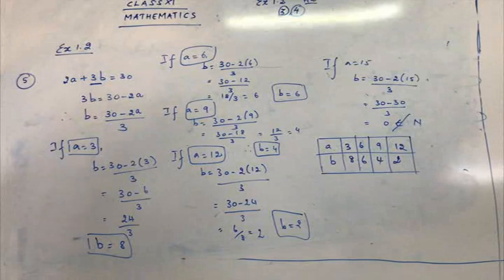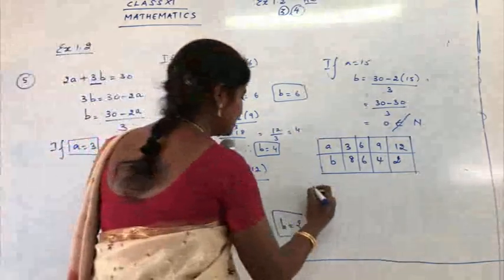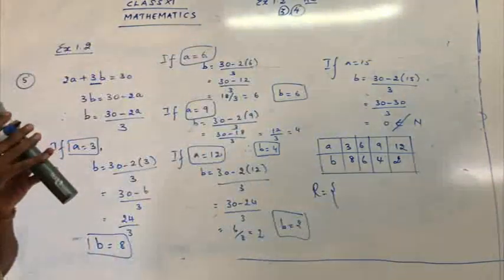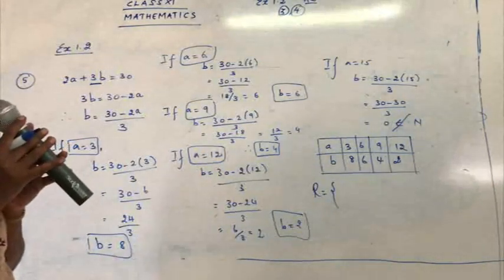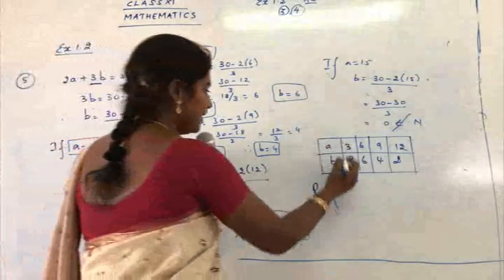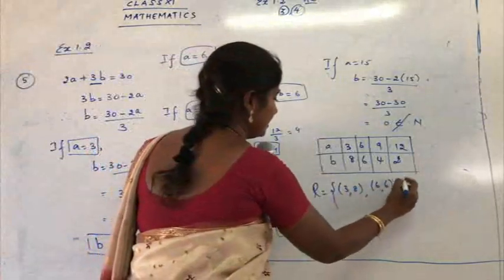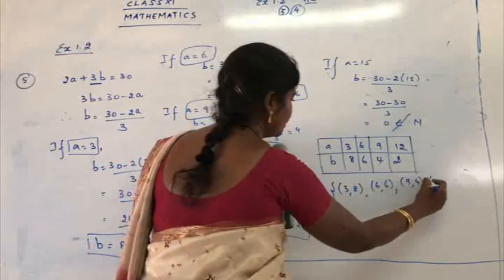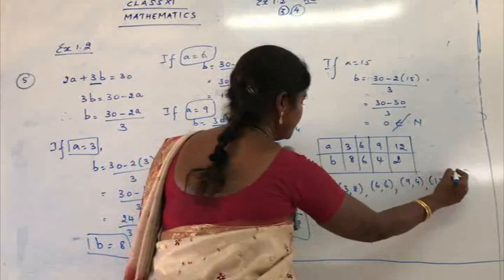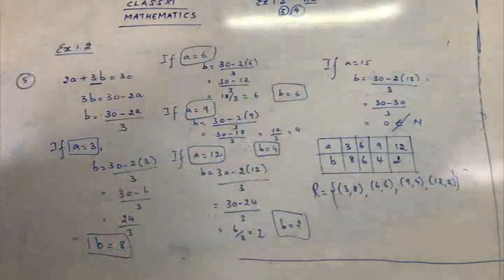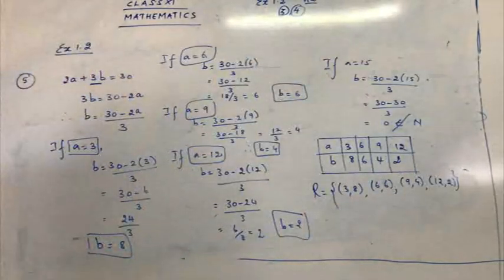What are the pairs here? 3, 8, 6, 6, 9, 4, 12, 2. So write down R is equal to, the first part of the question, that is we have to list out the relation using pairs. So R is equal to {(3, 8), (6, 6), (9, 4), (12, 2)}. So the first part of the sum is this set of pairs.